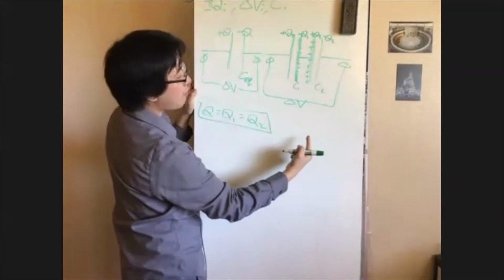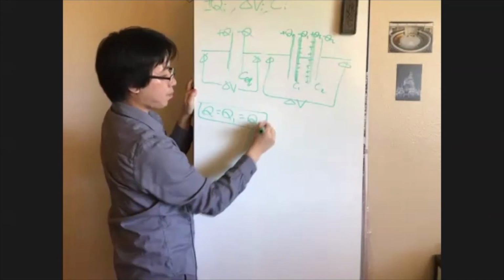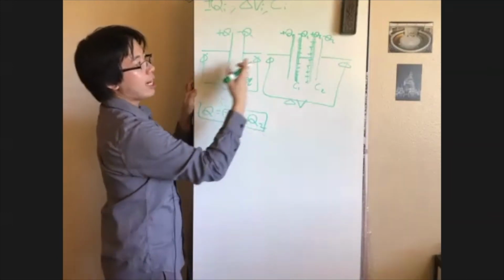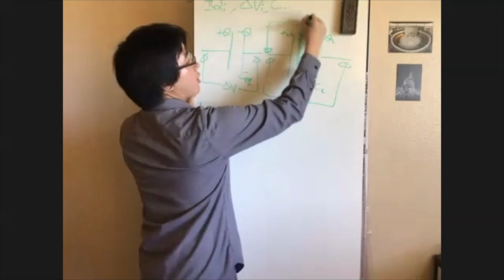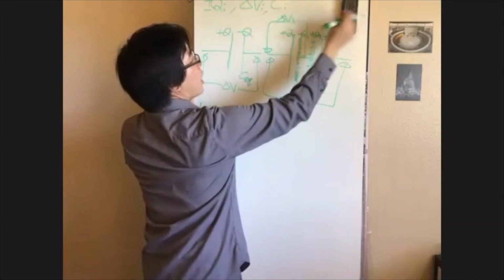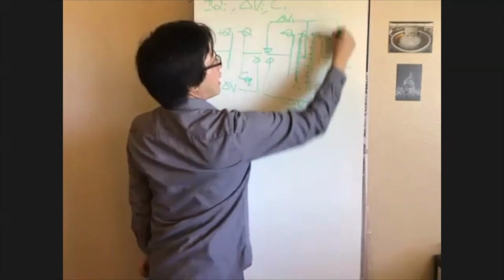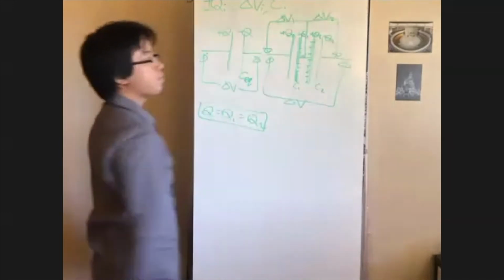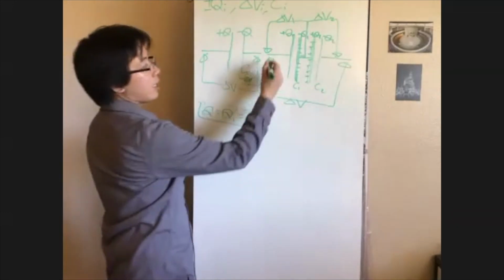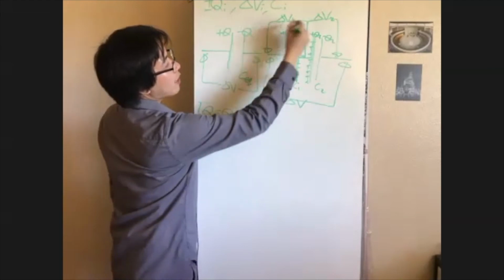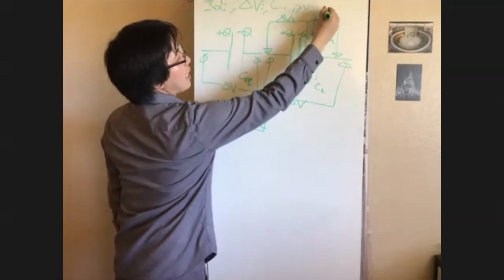How about delta V? How about the potential difference? Can you establish a relationship between the potential difference V1 and the potential difference V2? Well, let's say this is 3 volts and this is 5 volts.